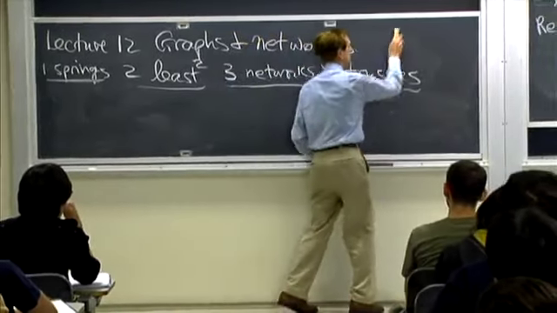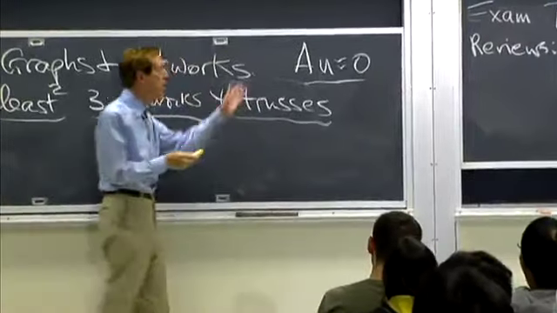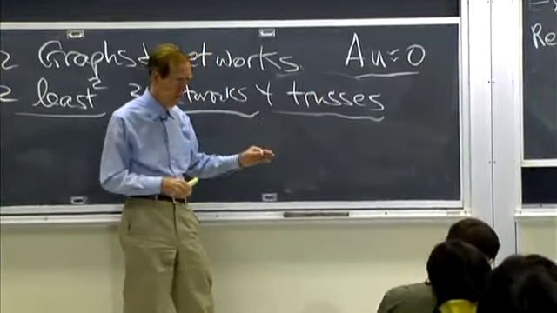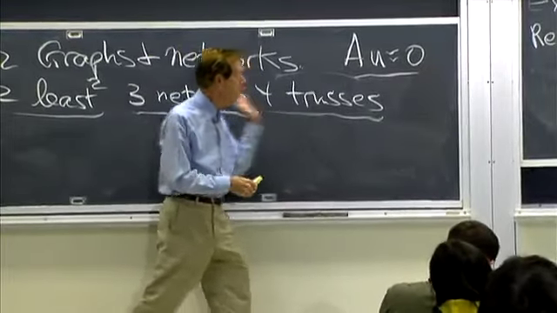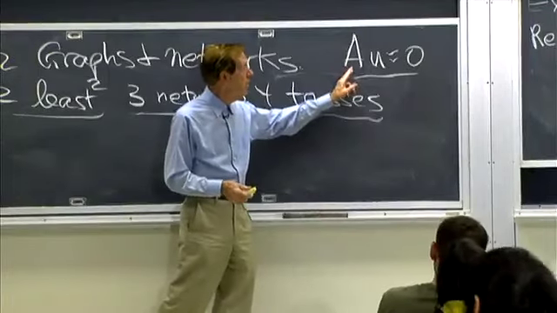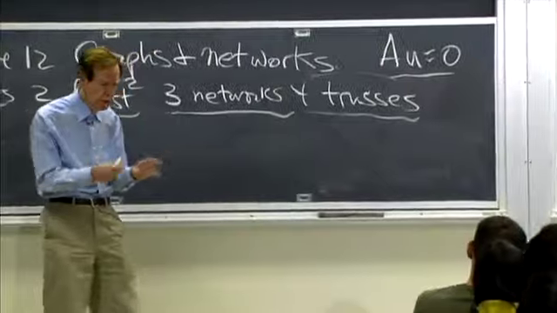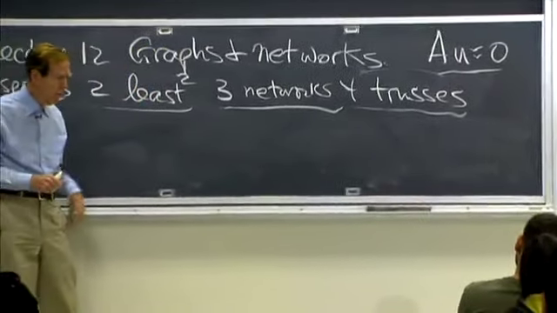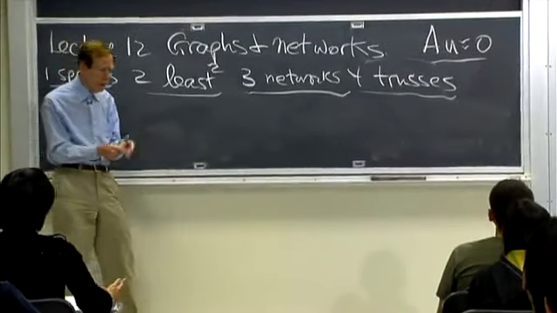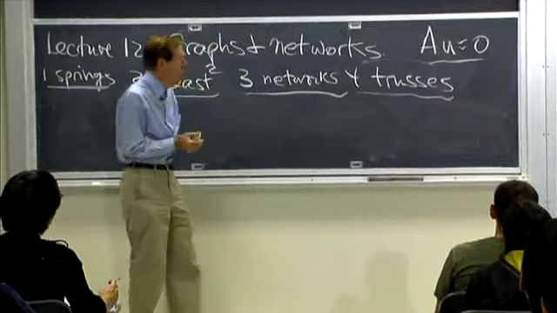Let me just recall the equation Au equals 0. A is our key matrix in each example. It's different in each example. And we hope that Au equals 0 doesn't have solutions, or that it has solutions we know. Because if Au equals 0 has solutions, that's the case where A transpose A is not invertible and we have to do something.